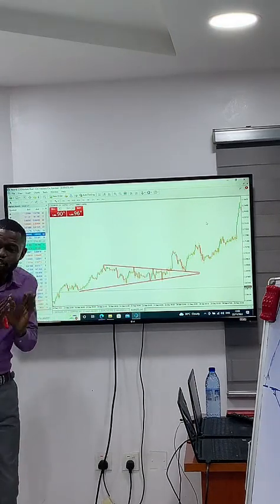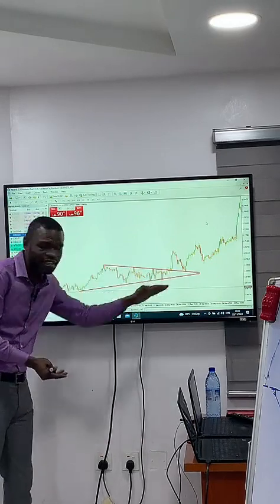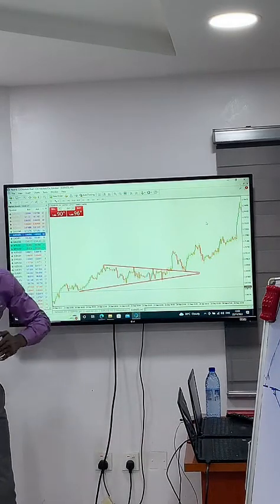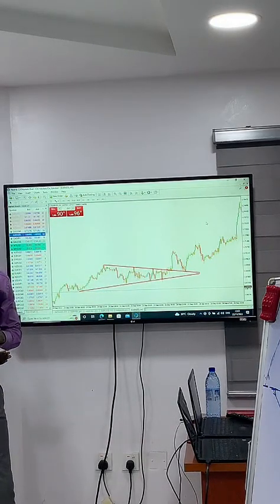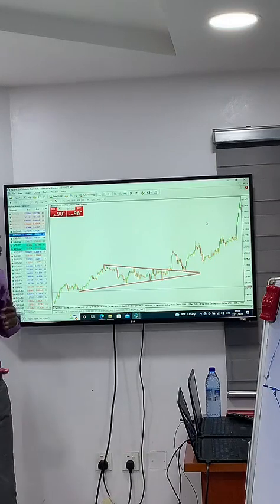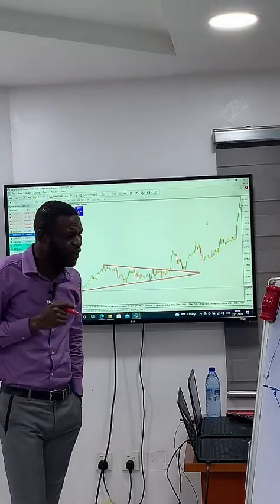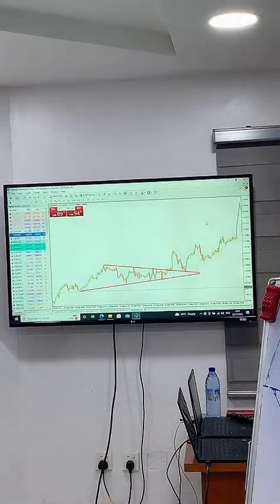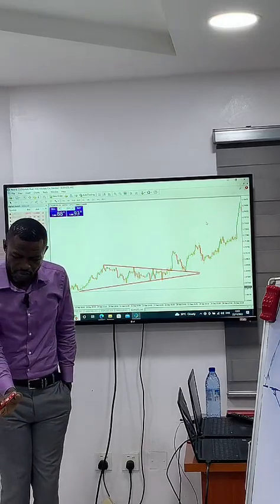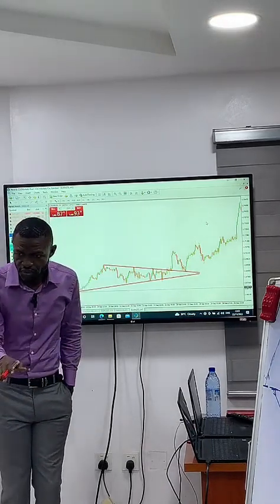So the market usually makes this kind of pattern from time to time. Okay? There are several patterns the market makes. It's just like, how do I put it? Like on an express road you're going, sometimes you will see these bumps. Okay?